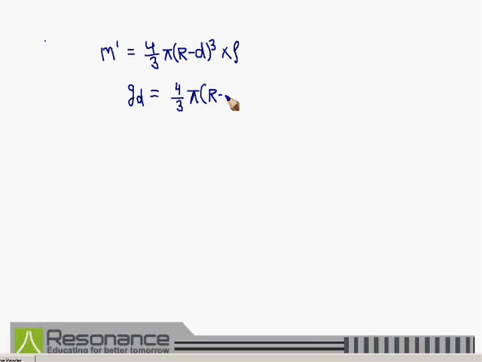Now M dash equals 4 by 3 pi (R minus d) whole cube into rho, which is the density of Earth. So, when we put this value in the expression of acceleration due to gravity below the Earth's surface, we get gd equals 4 by 3 pi (R minus d) G rho.